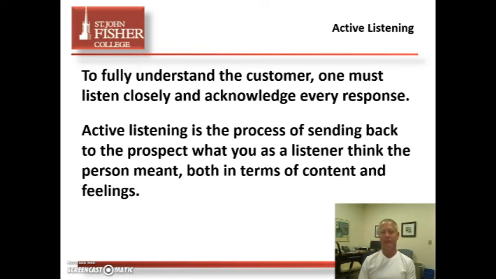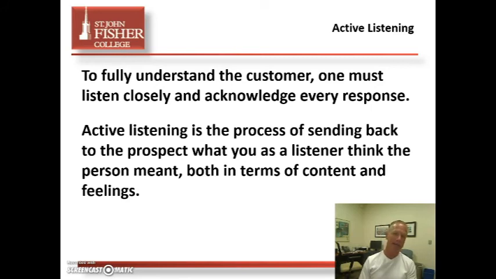With active listening, oftentimes you're sending back verbal and nonverbal signals to let the prospect know that you're listening. You can do it with questions such as, is that right? Or tell me about that, or go on. You can also do it with facial expressions, with you raising your eyebrows and different things like that, so that the person knows that you're listening.